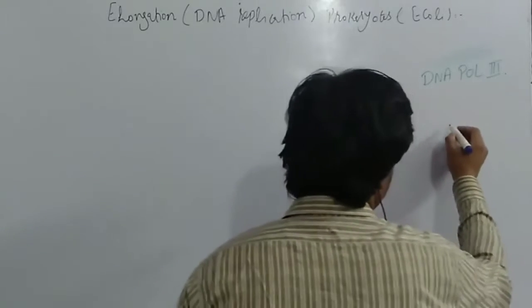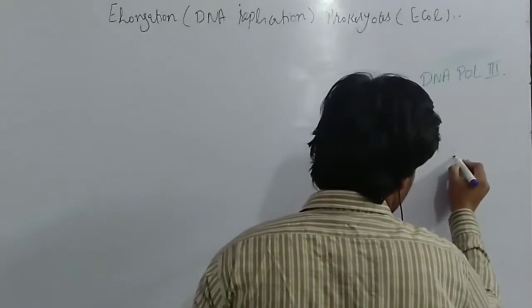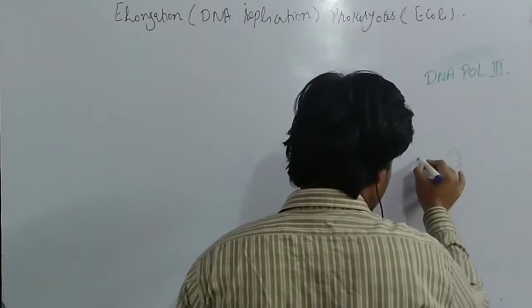So DNA polymerase will look like this. It also has alpha and sigma subunits as well, but let's just see the simple structure.